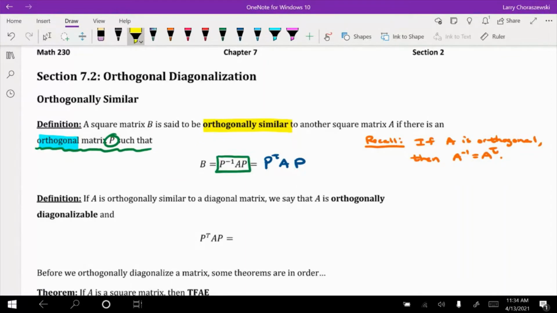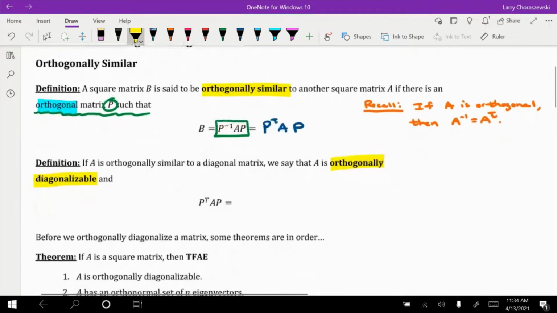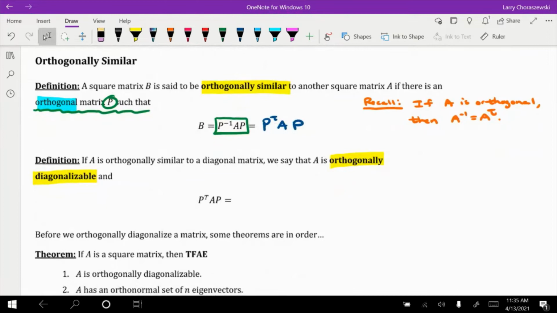Now, we would say that A is orthogonally diagonalizable if it's orthogonally similar to a diagonal matrix. In other words, if we could get a diagonal matrix by doing P transpose AP, giving us D, which is diagonal, then we say that the matrix A is orthogonally diagonalizable.